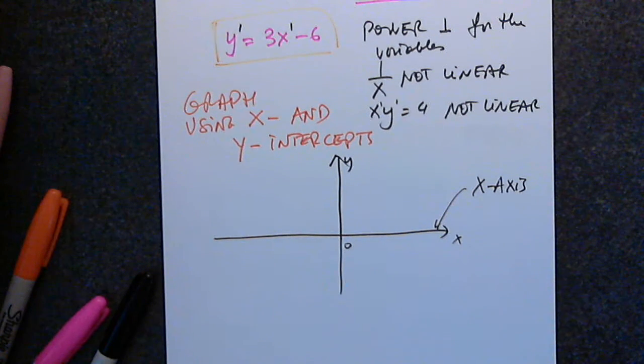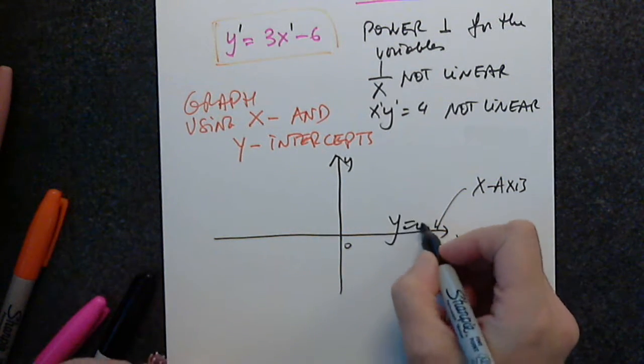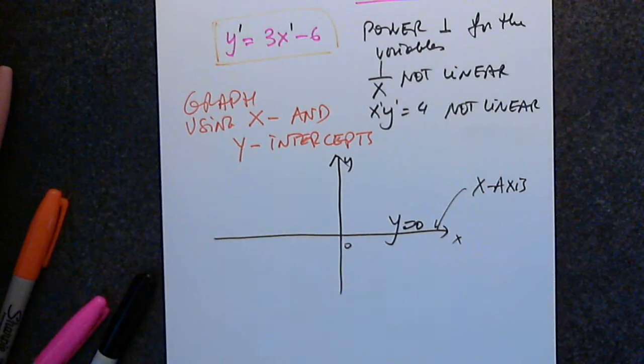Good. So what is the altitude of the x-axis? How high is it or how low is it? It's at y equals 0. Excellent. Y equals 0 is the equation of the x-axis because the altitude is 0.